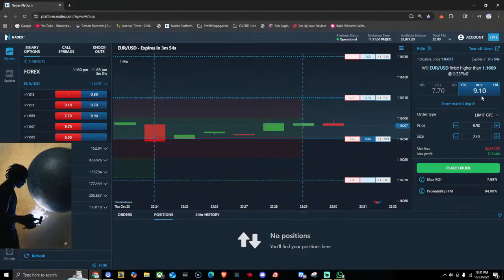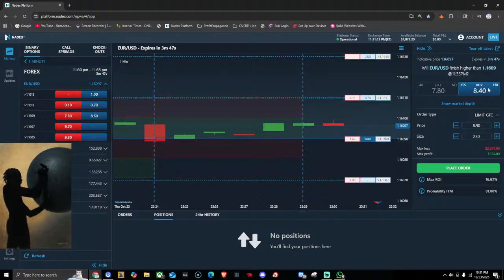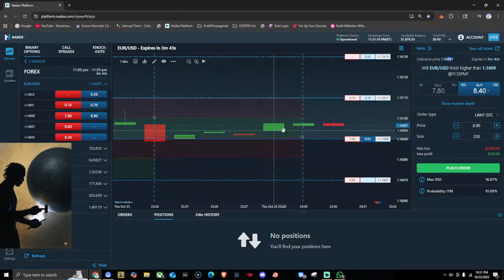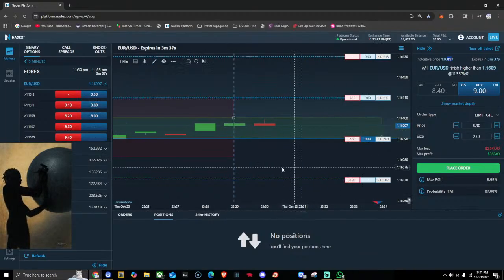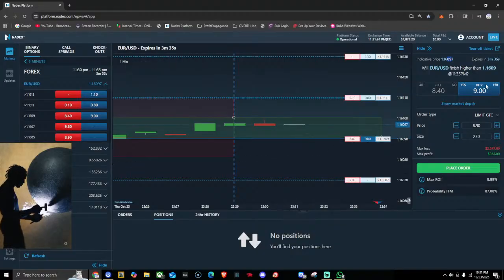If I buy this position, I believe that by the end of this 3 minutes and 49 seconds, the position here is going to stay inside of this green rectangle. And I'm willing to pay $9 in this case to get $10 back.